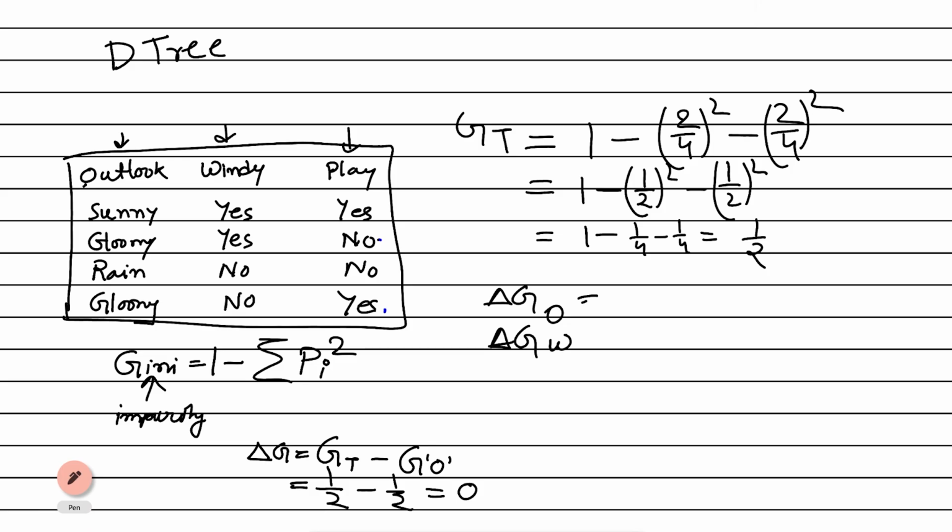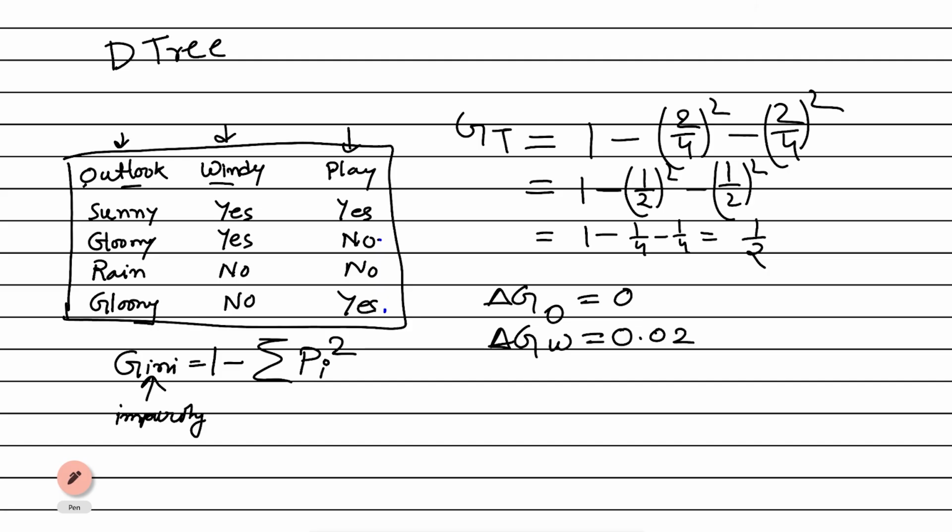Here half, so already I have calculated this half. Here also this is half minus half, 0. So in this case I can randomly pick any feature for starting the node. Luckily in this case both values are the same, but if the delta G value becomes a particular value, maybe 0.3 or 0.02, in that case the delta GO has the lowest Gini.